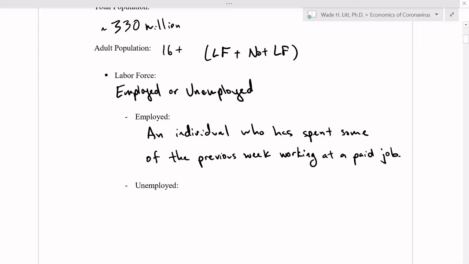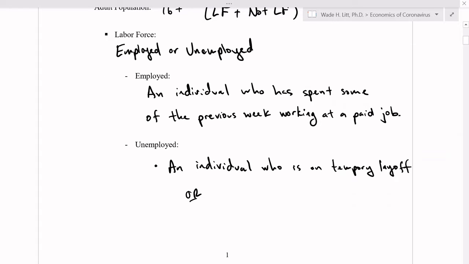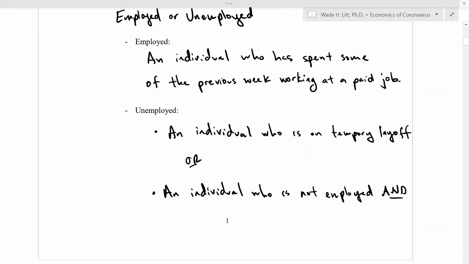And then the unemployed includes a couple of different types of people. It's an individual who is on temporary layoff, or an individual who is not employed, and so they have to both not be working, but they have to have been looking for work.